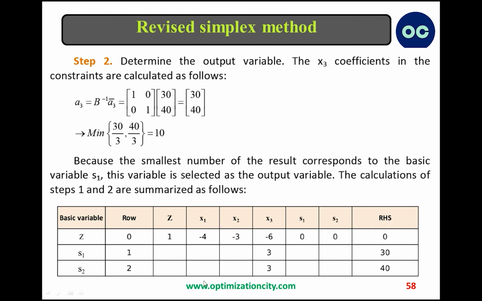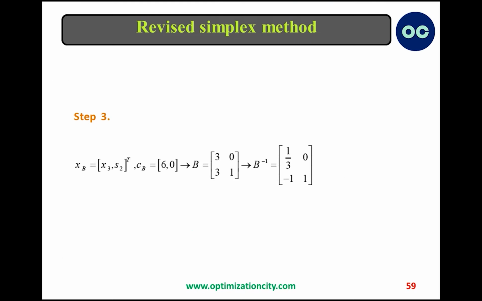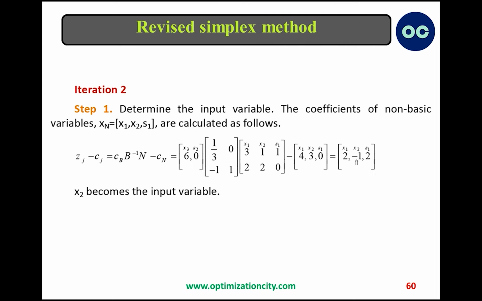And this is the calculation of the rest of the table we need to pursue the revised simplex method. In step 3, we calculate the new B inverse and xB. Because x3 is the input variable and S1 is the output variable, the basic variables for the new iteration are as follows. Let's go to the next iteration.